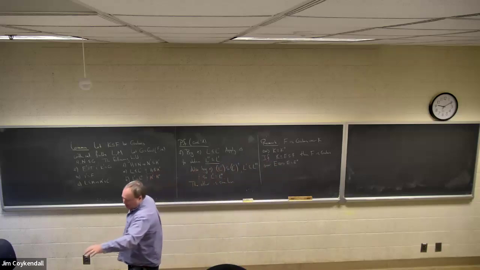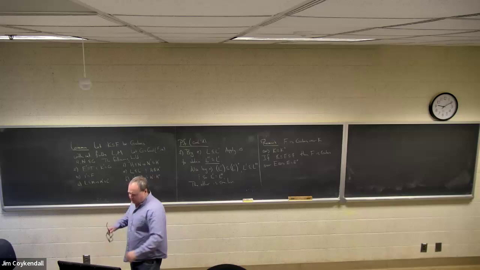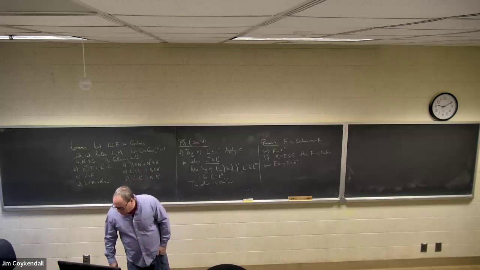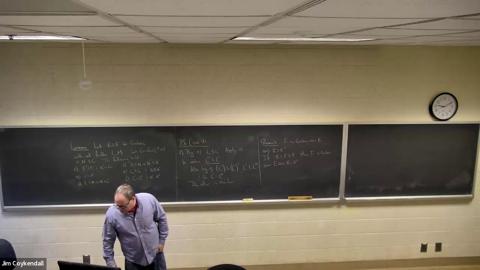We call such things closed, which I believe is the last definition you need for your coming up homework. Suppose that X is a subgroup of the Galois group or an intermediate field.